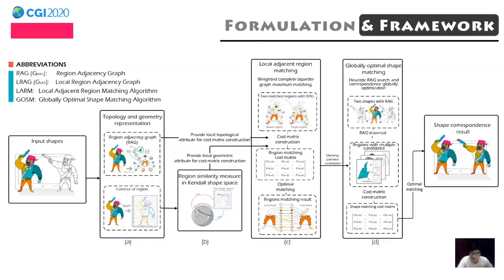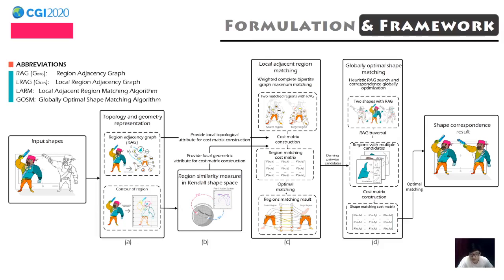So for this correspondence problem, we propose a framework with four models. First, the topology and the geometry representation model. It can translate the input shapes into the local topology and the geometric information for the framework. The region similarity measure in Kendall shape space model can calculate the similarity of the different regions.